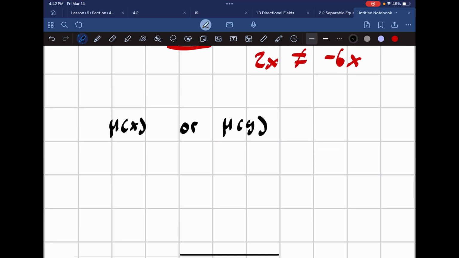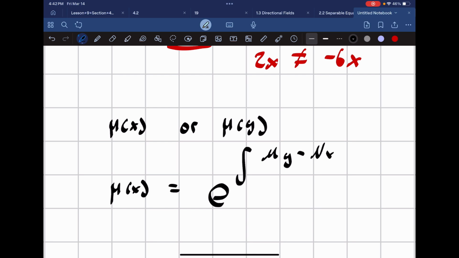Given the formula, mu of x equals e to the integral of (M_y minus N_x) all over the N function.